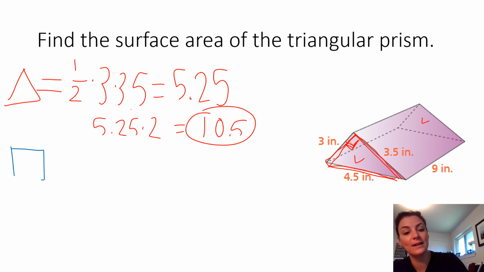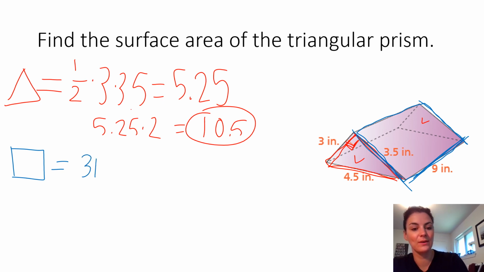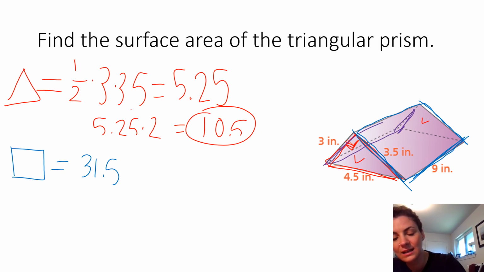So rectangle 1 is this one, I'm going to call it, and it's 9 by 3.5. So 9 times 3.5 is 31.5. Then let's find this other rectangle that's kind of hidden.